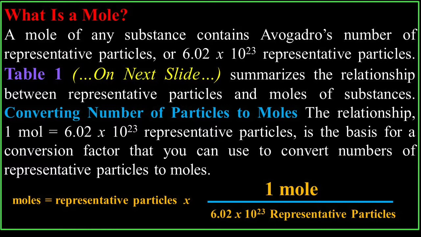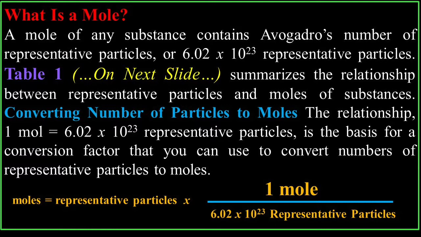Converting number of particles to moles, the relationship 1 mole equals 6.02 times 10 to the 23rd representative particles is the basis for a conversion factor that you can use to convert numbers of representative particles to moles.